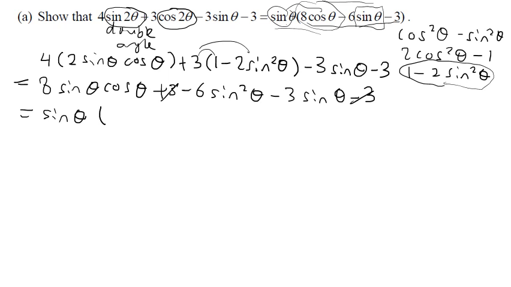Inside here we have 8 cos theta minus 6 sine theta, and then lastly minus 3 only, because we already factored out sine outside. So this is the answer, and compared with the one that we need to show, clearly it is the same. So we can conclude that we have shown the first question.